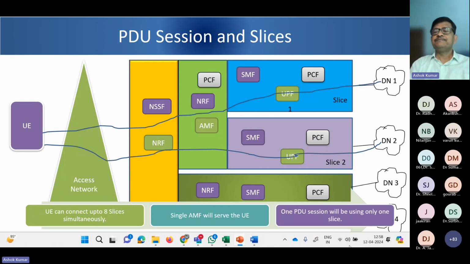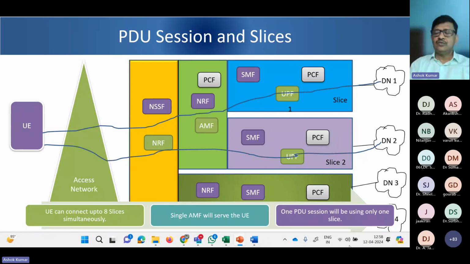For every slice there will be a separate PDU session. One PDU session will be using only one slice. There is no question of a PDU session taking some resources from one slice and some from another. So you will have multiple slices, and multiple PDU sessions in each of the slices.